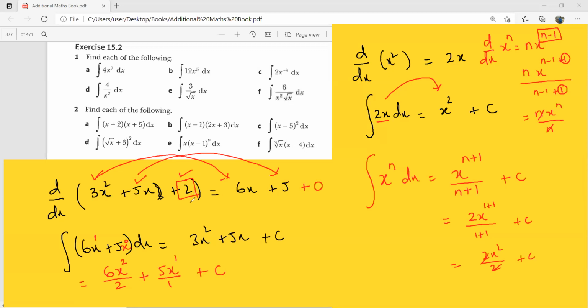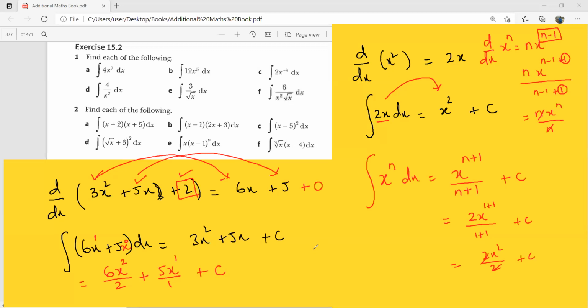So whenever you integrate, you will have to write a plus c for that constant, if there was any constant that got eliminated during the differentiation. So this is the soul of that constant that got killed during the differentiation.